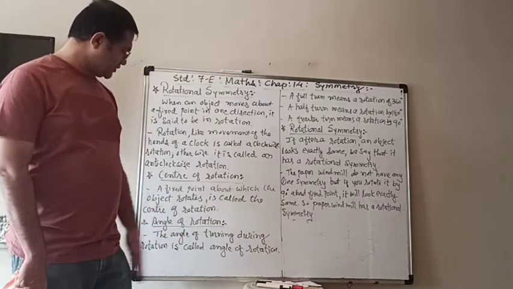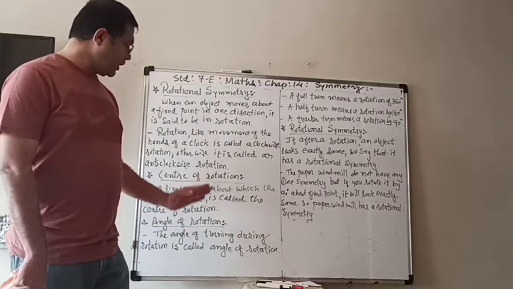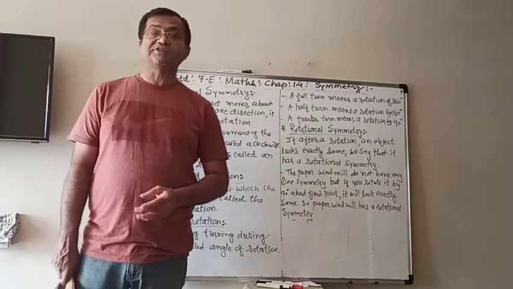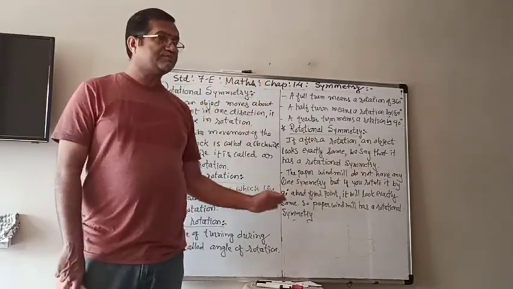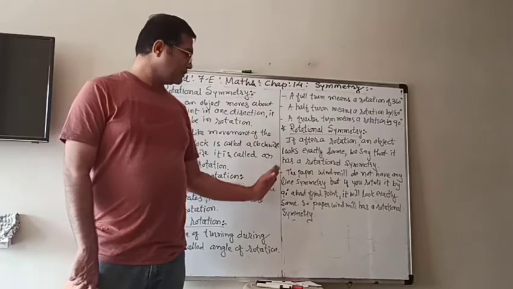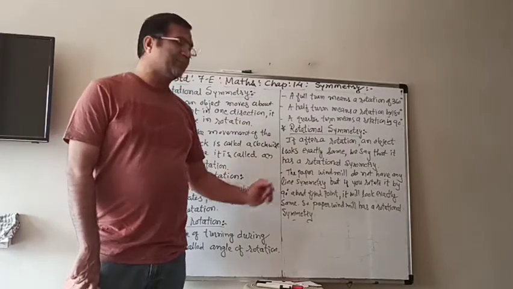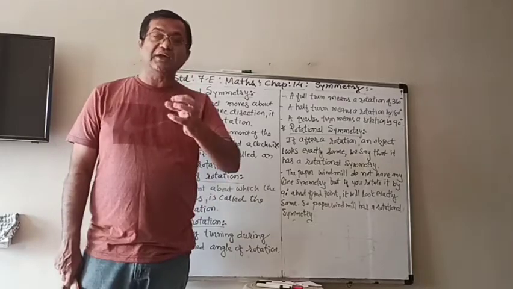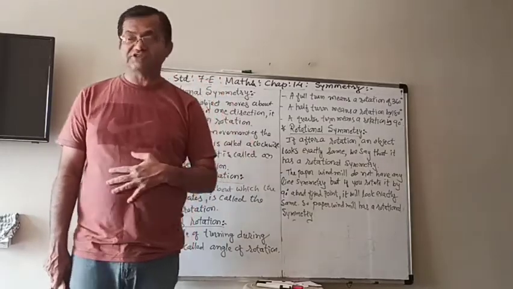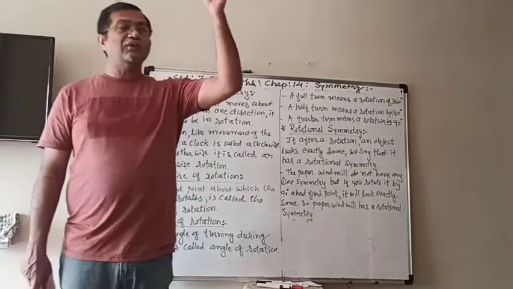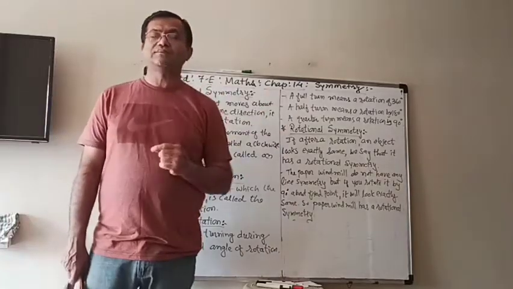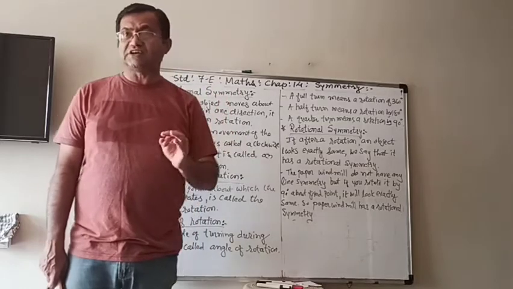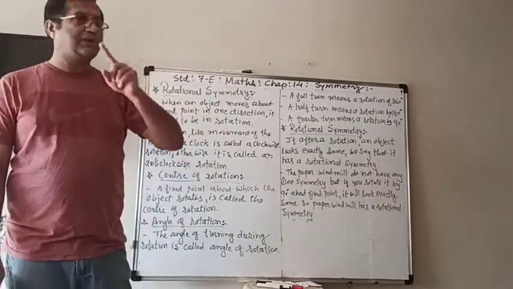And then angle of rotation, means the angle of turning during rotation is called angle of rotation. Means when it is moving from the original position to the other position, whatever the angle is made, then it is known as the angle of rotation. When one complete rotation is done, then that angle is 360 degrees, means it makes a circle.